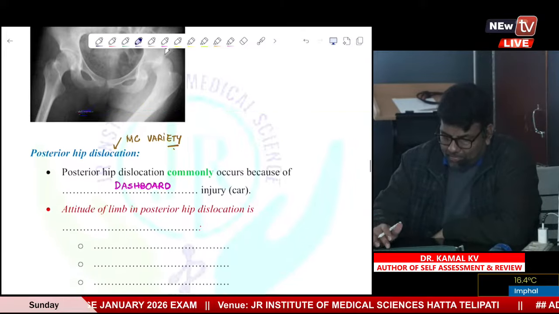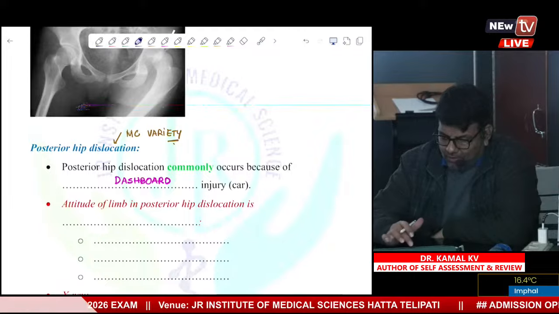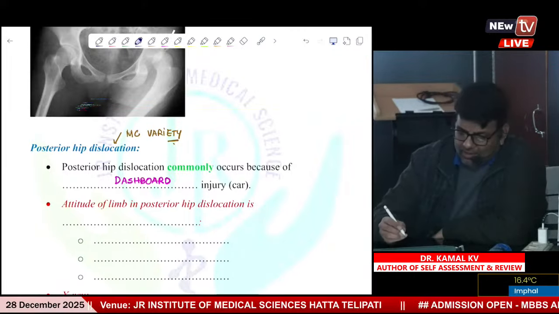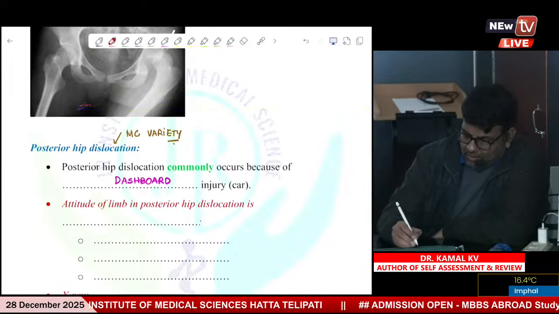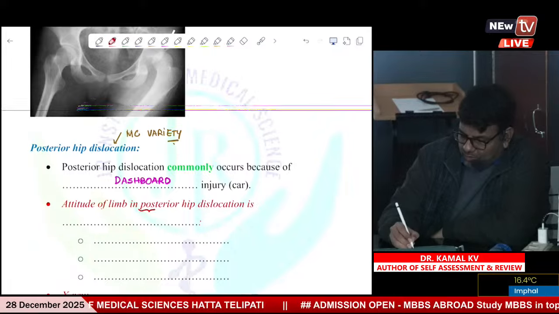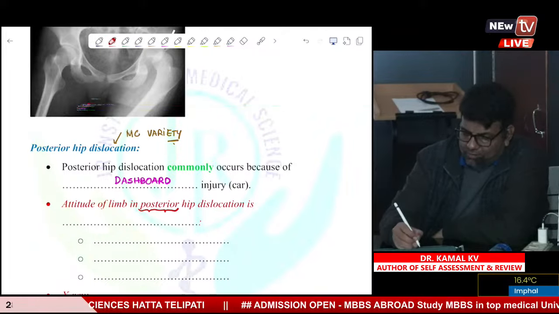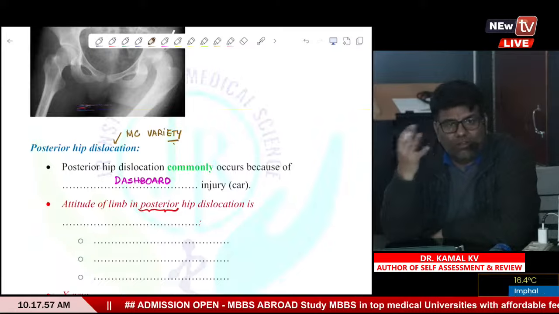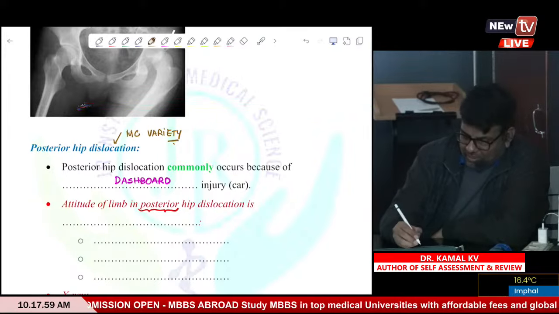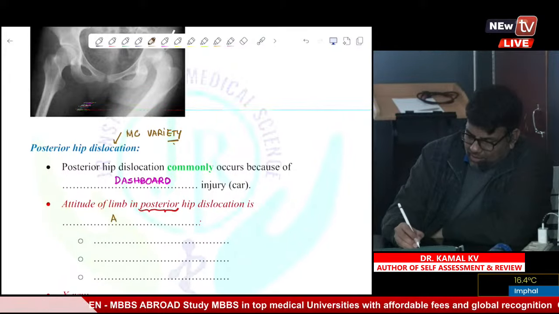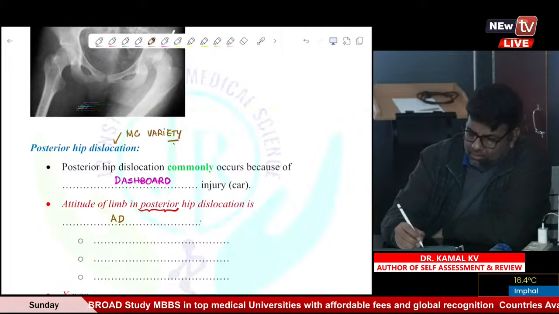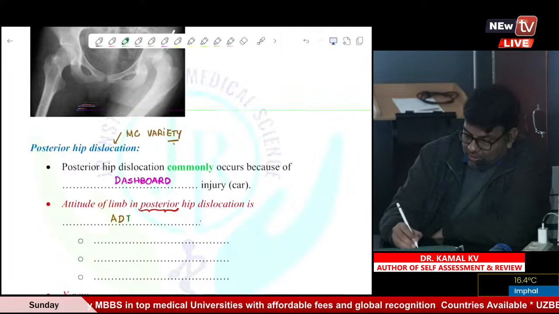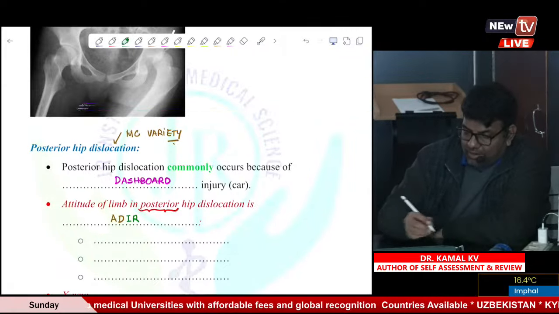Now what is the attitude of the limb in posterior hip dislocation? The moment you have the words posterior hip dislocation, you have to remember the mnemonic. What was the mnemonic for posterior shoulder dislocation?